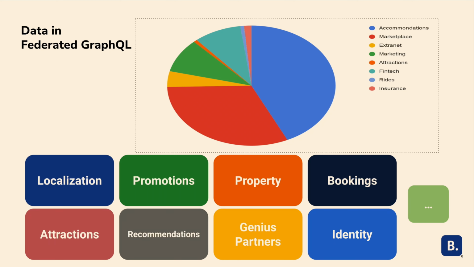So if a product team is trying to build a new product, there is a high chance that they don't need to create a new backend API. They can directly fetch the data from a federation endpoint. I think this kind of architecture really speeds up product building and getting new features to market. That's the major reason we adopted this architecture.